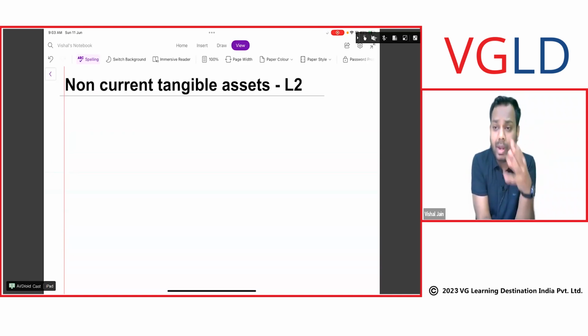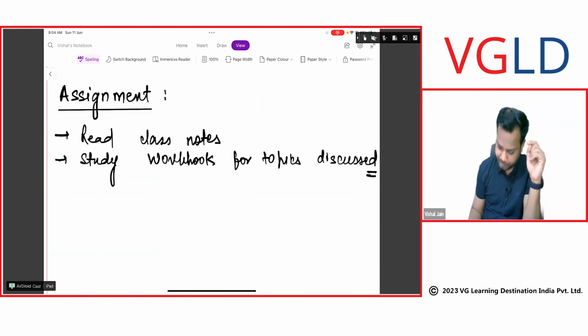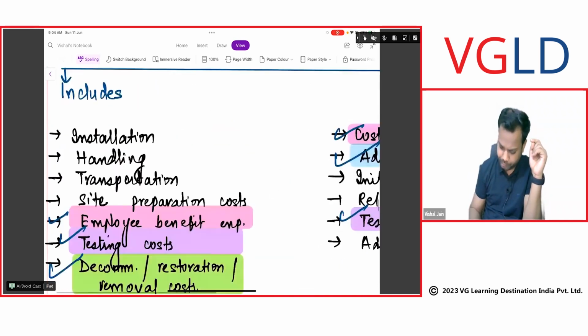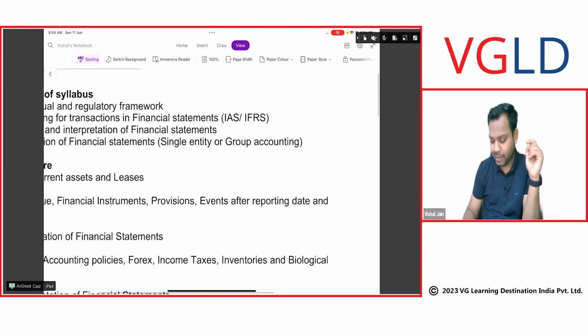Now, moving ahead, we started the IAS 16, International Accounting Standard 16 discussion. Before I start this discussion, I want to help you understand, if you can recall from the last class, the orientation itself, IAS and IFRS.